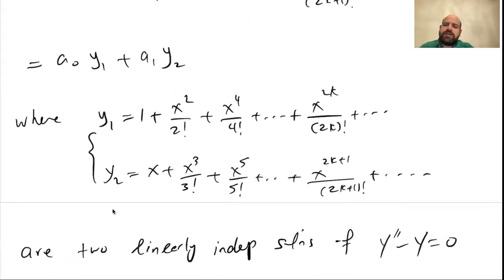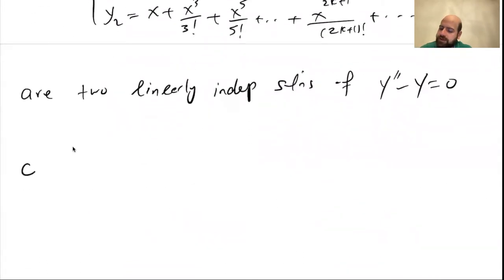Now in some questions, y1 and y2 can be written in terms of elementary functions such as exponential function or polynomials or trigonometric functions. But in some questions, these y1, y2 cannot be written in terms of elementary functions. In this question, y1 and y2 can be written in terms of elementary functions. What are they going to be?